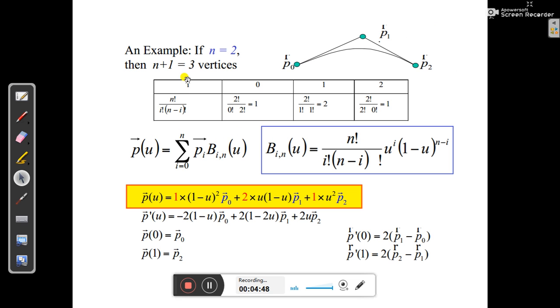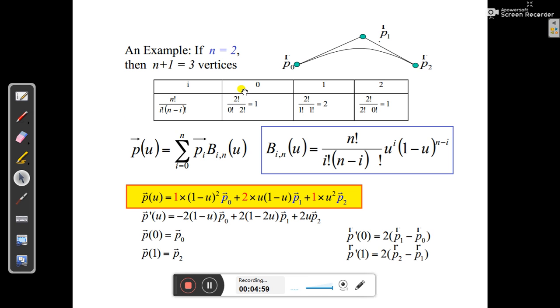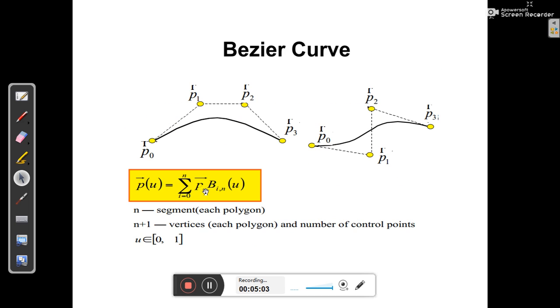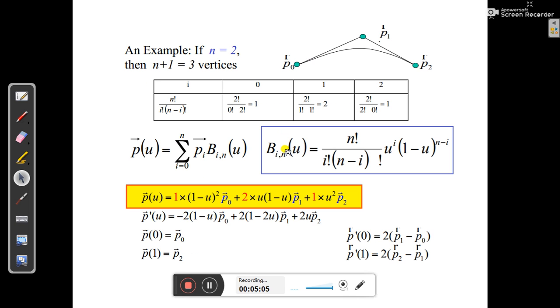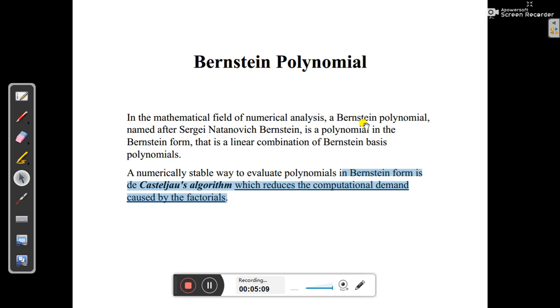Here again one example, suppose n equal to 2, and that is why there will be n plus 1 vertices, and this is the same thing that it is showing here. So this is the equation that was shown initially. This is the equation of this Bernstein polynomial.